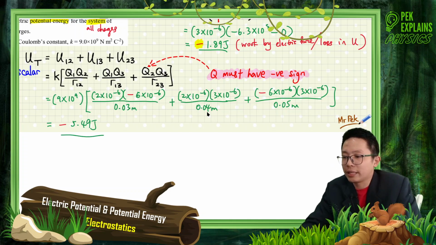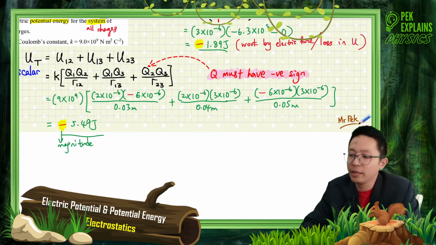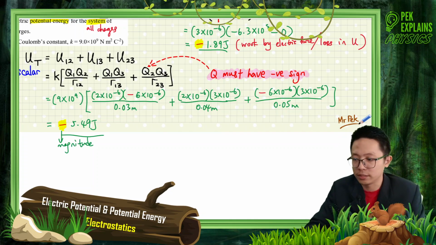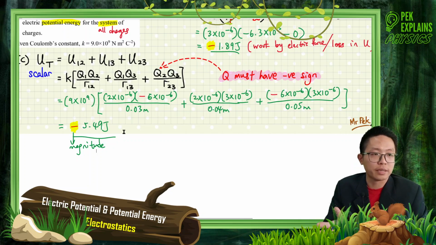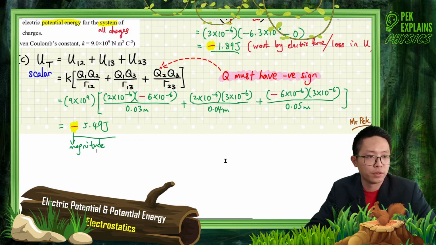The negative sign here again is about the magnitude itself, not about direction. So the potential energy for this system is negative 5.49 joule. That's all for these questions, and thank you for watching. Let's move on to the next one.